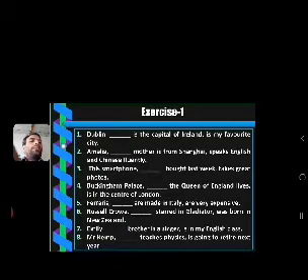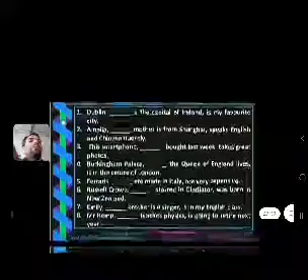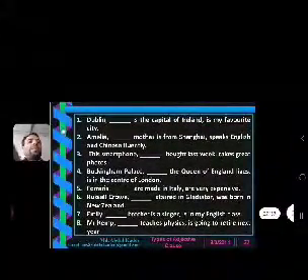Buckingham Palace, dash, the Queen of England lives, is in the center of London. So here we are referring to a place. So what can be used? Where. Buckingham Palace, where the Queen of England lives, is in the center of London.